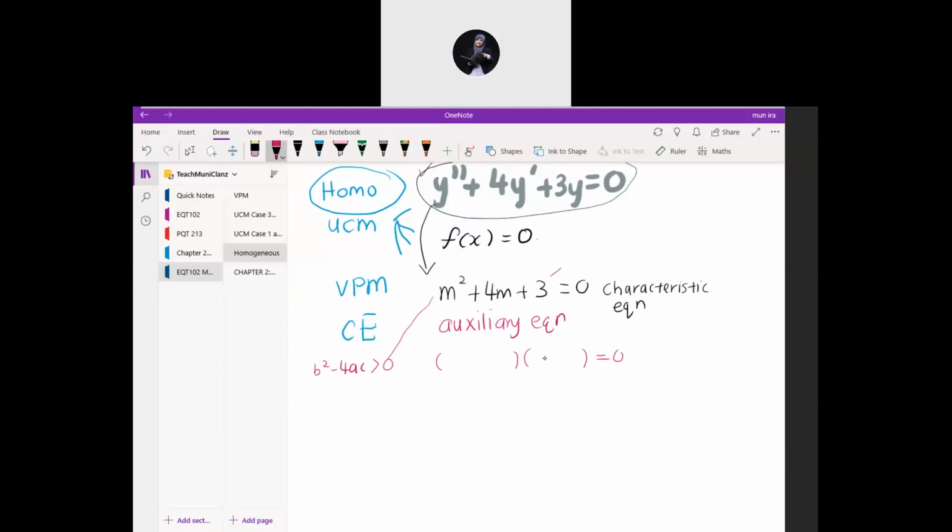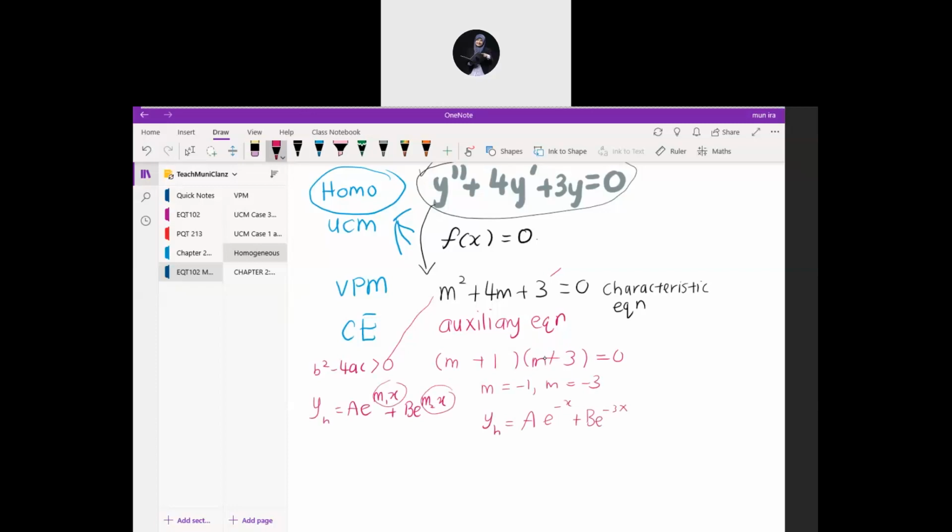When you have two different roots, in nature you will have a e^(m1 x) plus b e^(m2 x). Okay, so you have (m+3)(m+1), so you get 4m here. So you have two different roots, m equals -1, m equals -3, so the solution is yh equals a e^(-x) plus b e^(-3x).